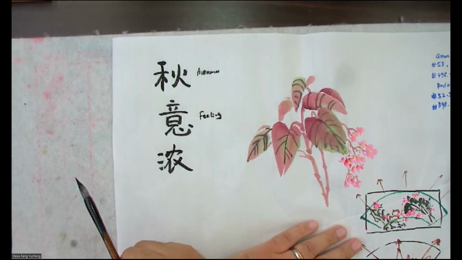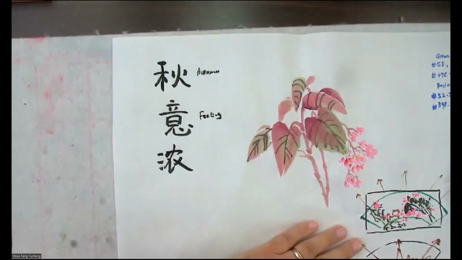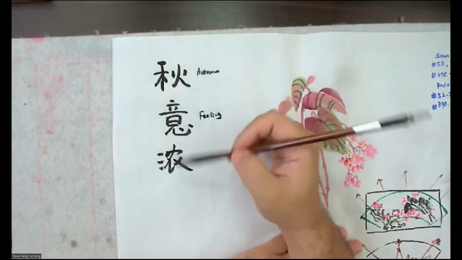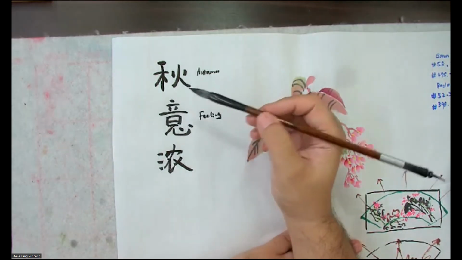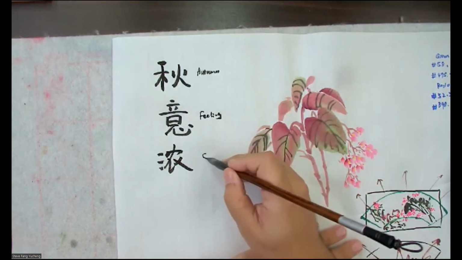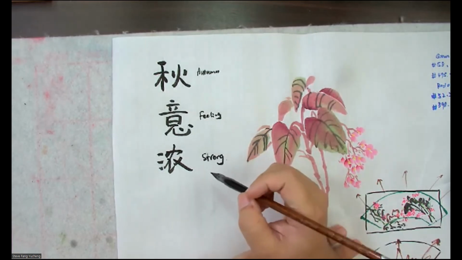And on that festival, 重阳节, you're missing your family, your husband or wife, basically the person very close to you, but you can't see them. You are celebrating that festival. So 秋意浓 is actually because that festival is autumn. 浓 means strong. So you have a very strong feeling of the autumn.